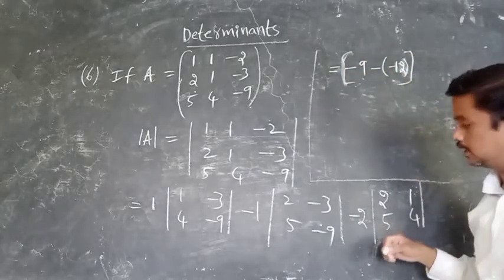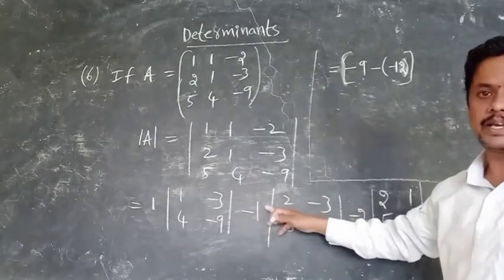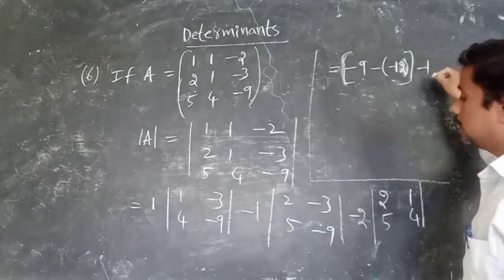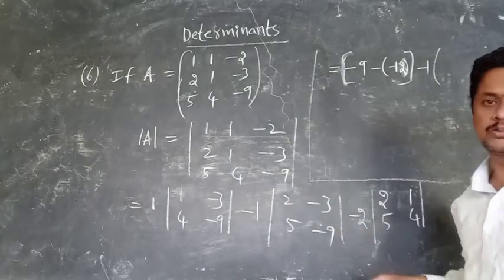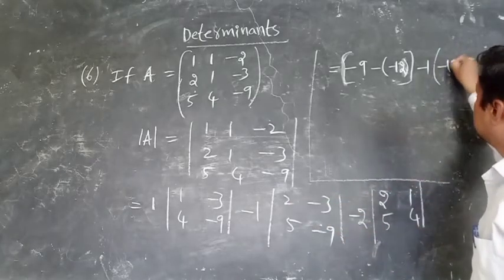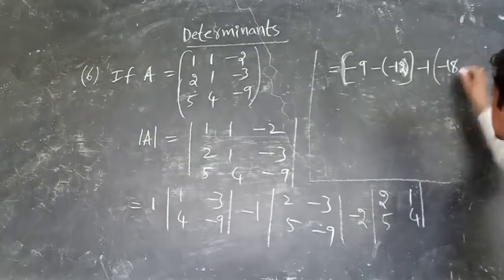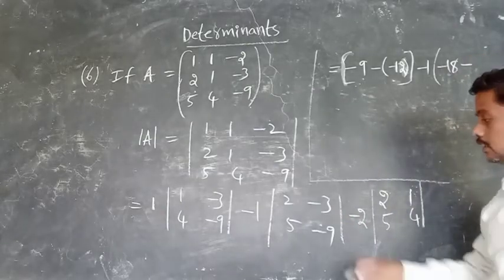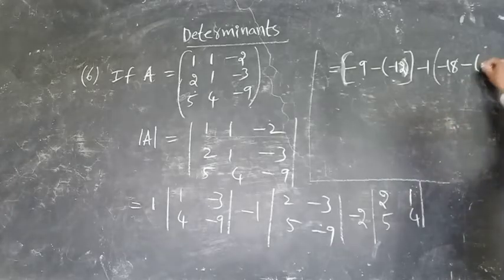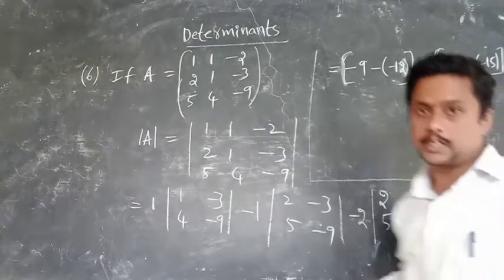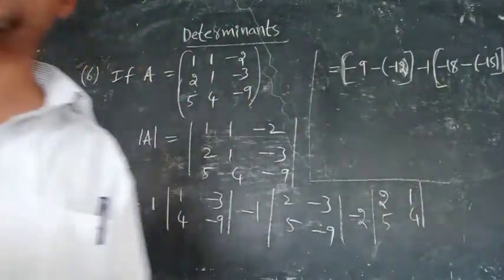Next, another one: minus 1 into 2 into minus 9, minus 18, minus 5 3s are 15, minus 15. Like that we have to simplify. Next, another one is there once again.